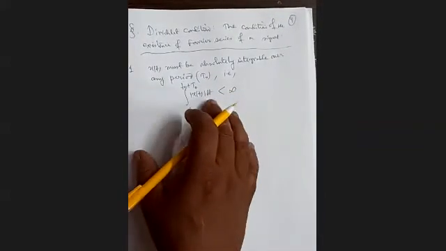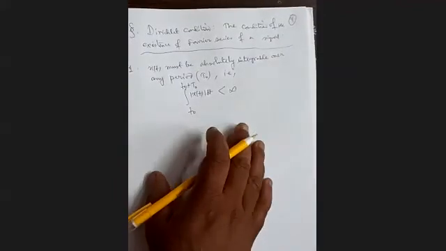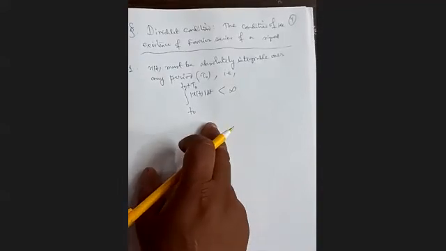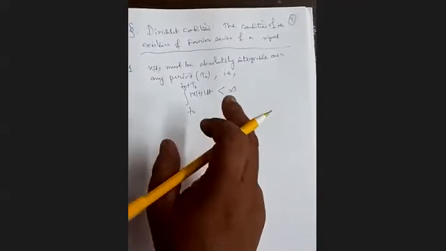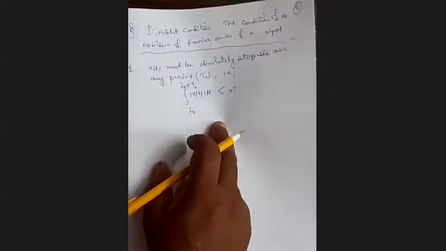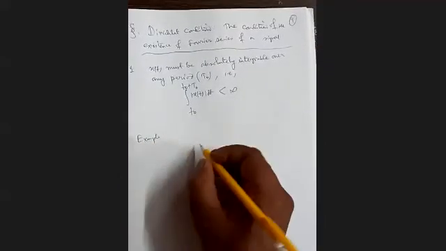If that condition is not satisfied, although it is a periodic signal, it cannot be expressed in terms of Fourier series. That is condition number 1. Example, consider a signal.